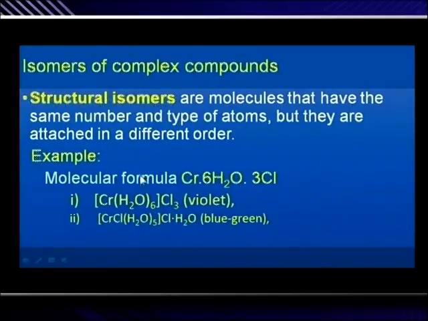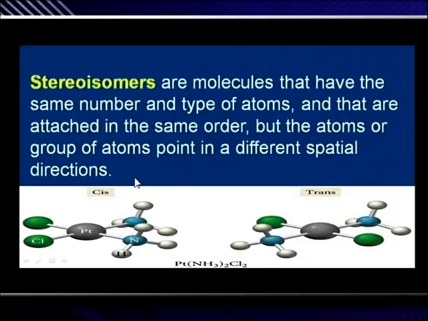Now let us see what are stereoisomers. Stereoisomers are molecules that have the same number and type of atoms and that are attached in the same order but the atoms or groups of atoms point in different spatial directions. Here we can observe platinum is the central metal atom in these two compounds, and the green molecules indicate chlorine and the blue and white molecules indicate ammonia.